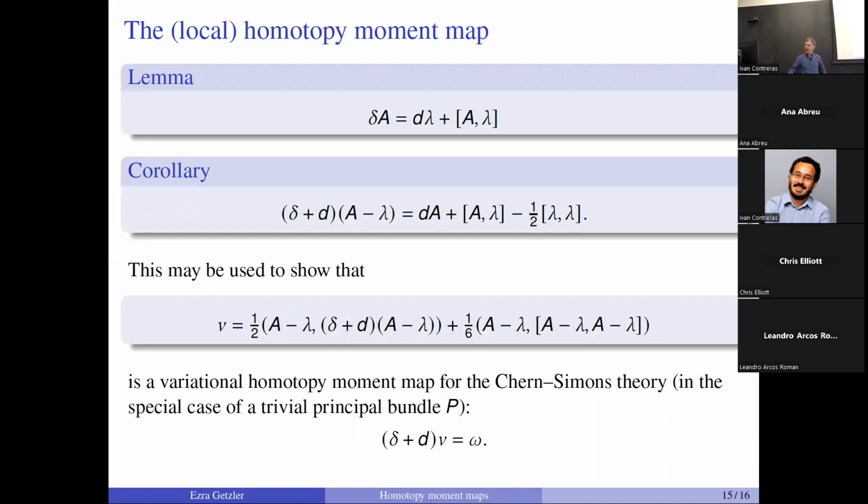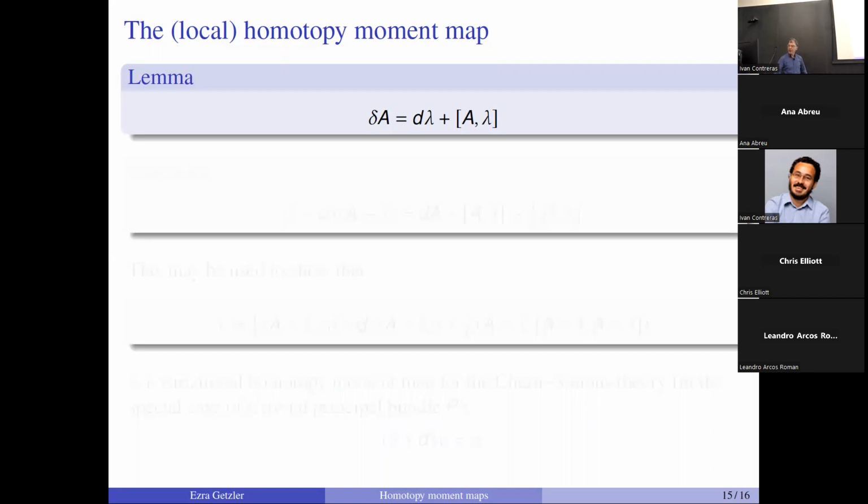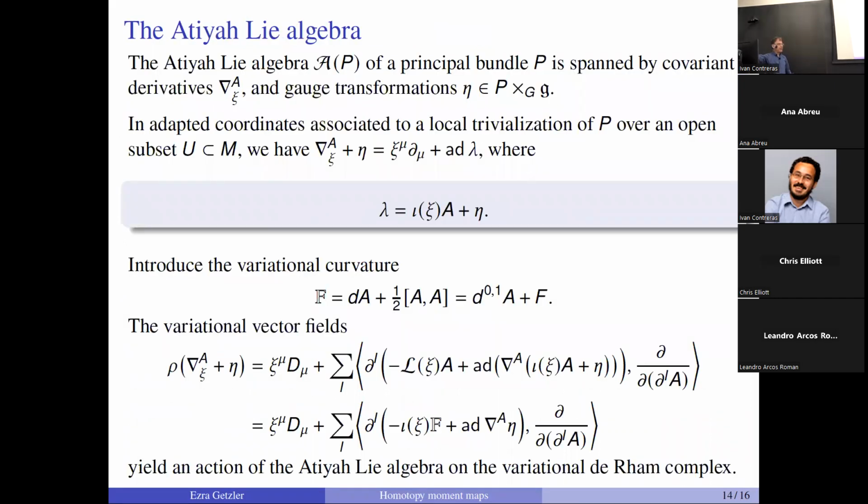So lambda combines the vector field psi, which is moving us around the base. We contract that with the connection form, and add that to our gauge parameter.